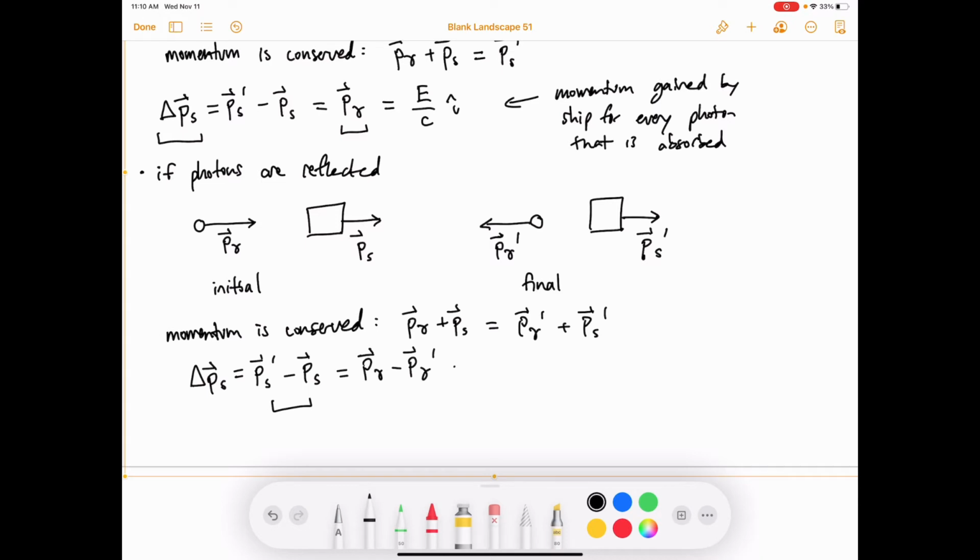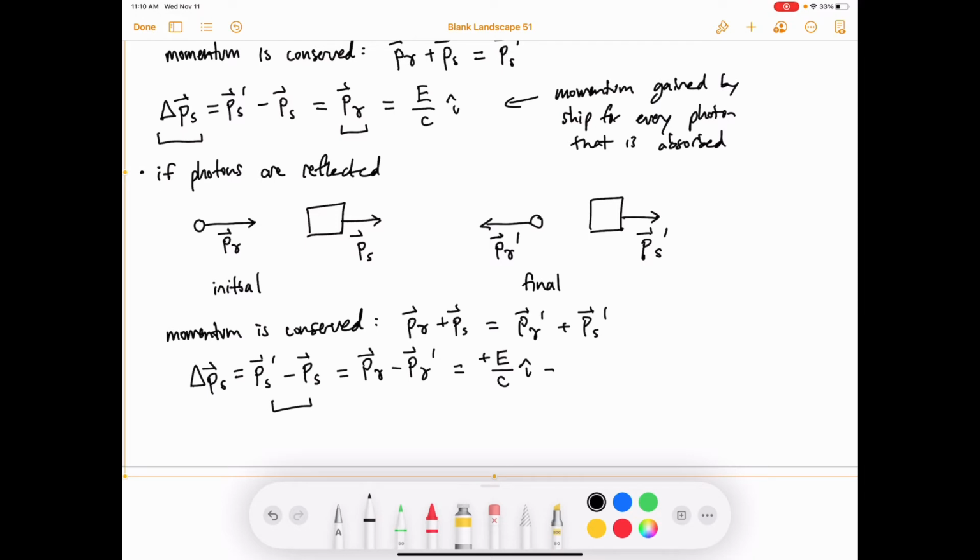Okay, so what is the momentum of the photon P gamma initially? Well, it's moving to the right. That's the positive x direction. And the momentum is E over C, and then we'll have i hat. But then we're going to subtract the momentum of the photon in the final state, P gamma prime.